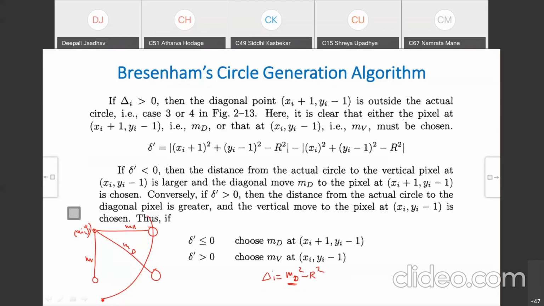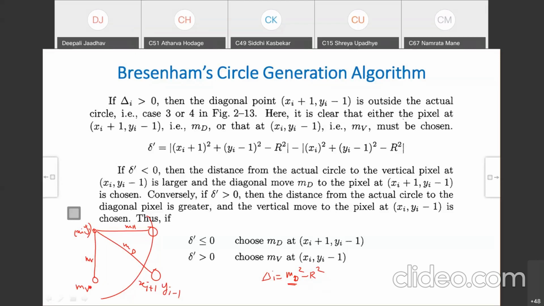So in that case, if delta I is greater than 0, then the diagonal point xi plus 1, yi minus 1 is outside the actual circle. That is, we need to go for case number 3 or 4. Here it is clear that either the pixel at xi, this one, or MV is chosen.